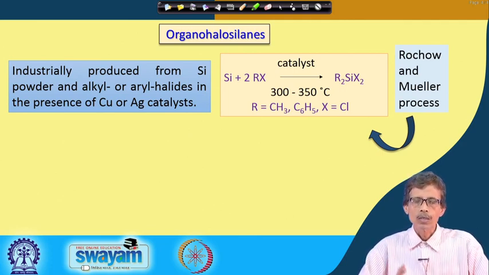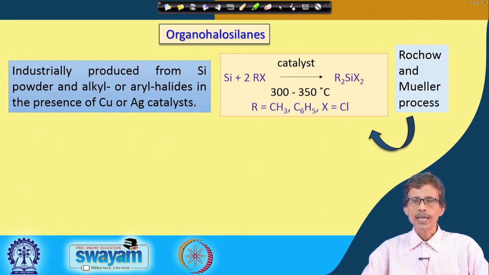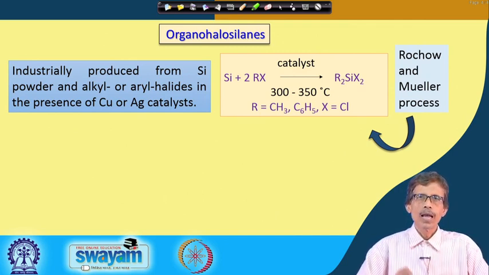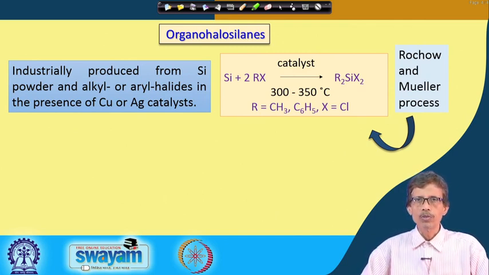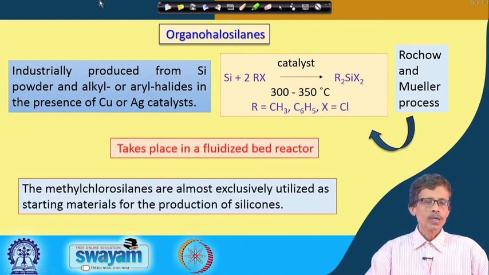The control of the reaction conditions, that means the temperature, catalyst and the different R and X groups, will tell us whether the predominating product is R2SiX2 or anything else. One such process is known as the Rochow and Mueller process, and this process can be utilized for a derivative where two alkyl functions are attached to the silicon center along with two halide functions, that means your X groups.